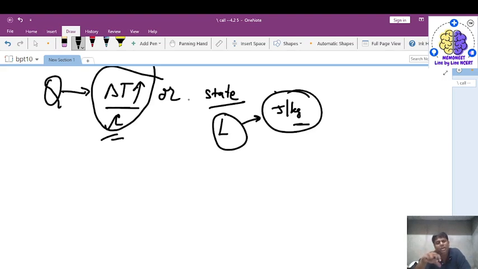That substance will take that heat, will expand, and at a certain time it will continue expanding, but the change in temperature of that body will not be reflected. There will be no change in the temperature of the body, and this is the point when this body will start changing from solid to liquid.